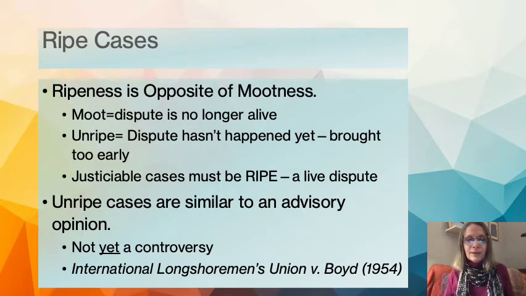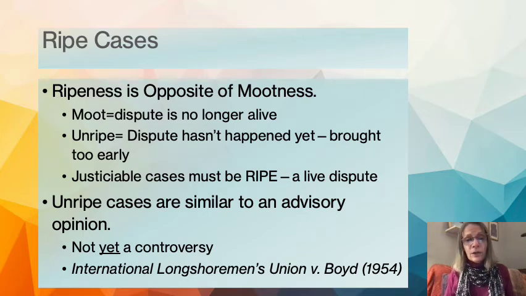You can read about the case in your textbook that gives a concrete example of an unripe case, which is the International Longshoremen's Union versus Boyd. This had to do with a federal law that said that if a person was going to work in Alaska, and that person wasn't a citizen of the United States, they had to get extra scrutiny to work in Alaska.